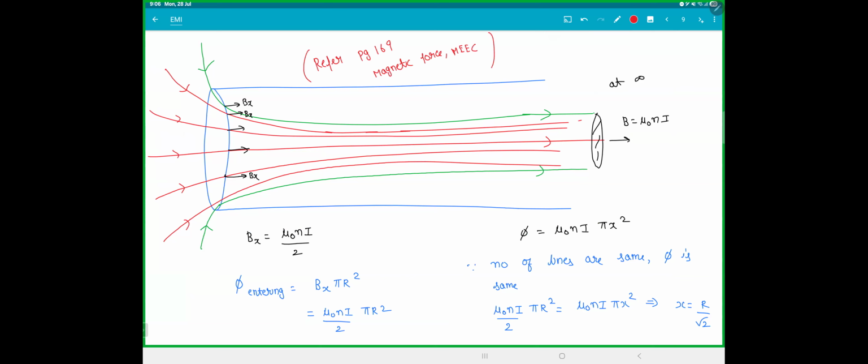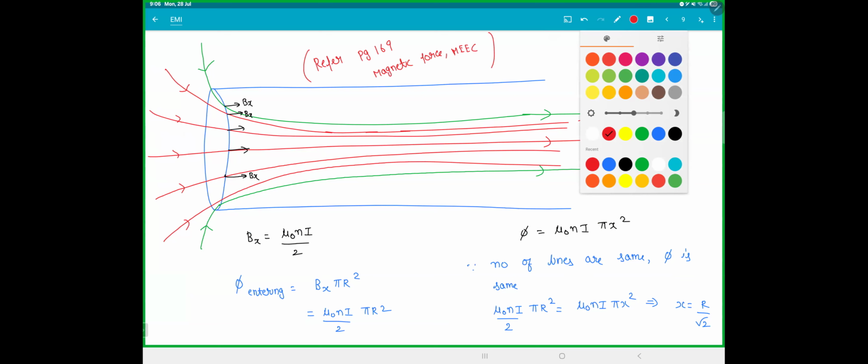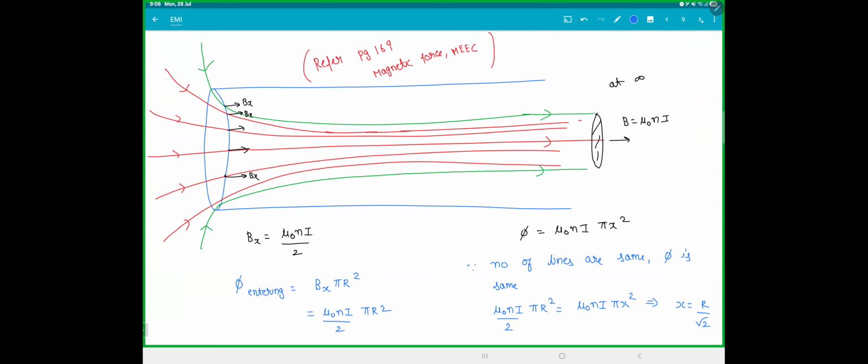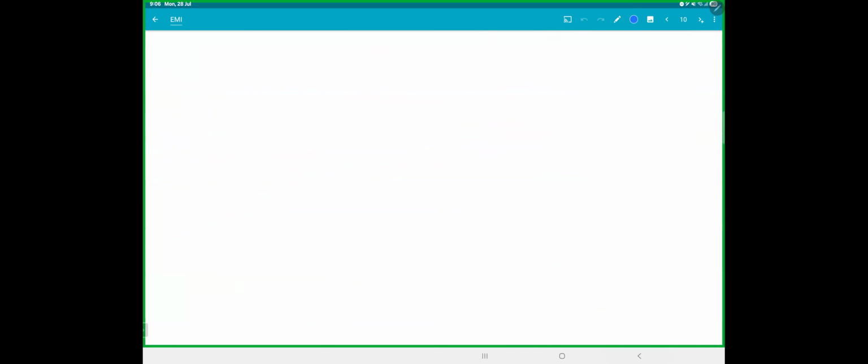Clear with this? That's what makes this problem good. Here we are using the flux idea, and you can keep playing like this. You will find something similar to the Gauss law thing. The next thing is Faraday's law.